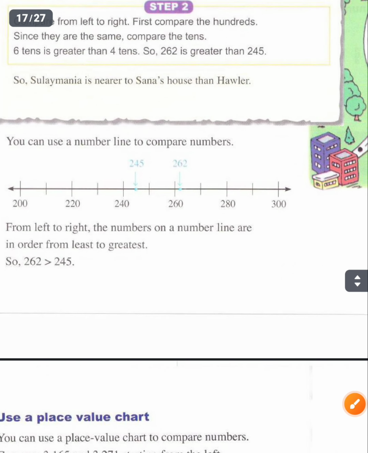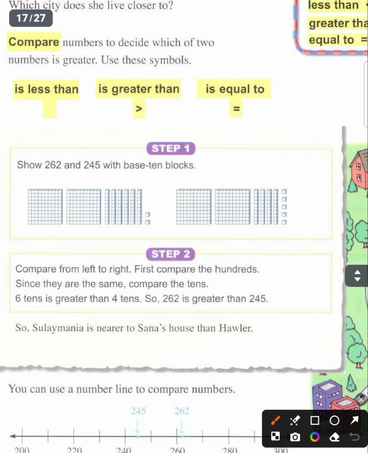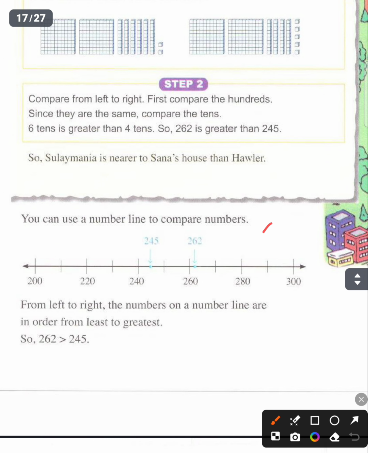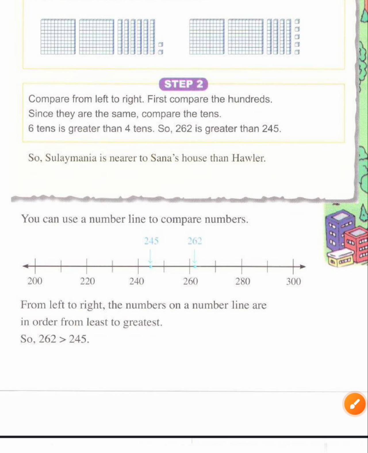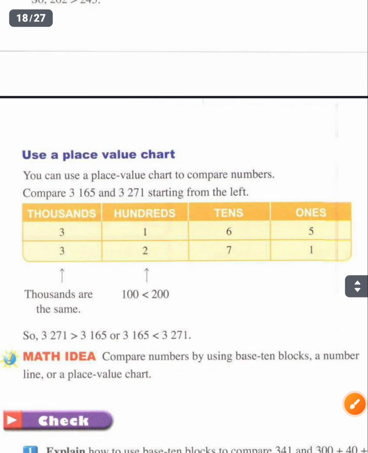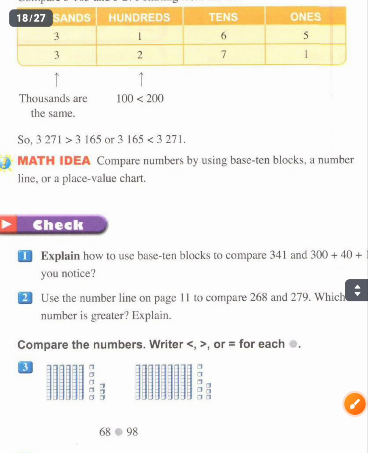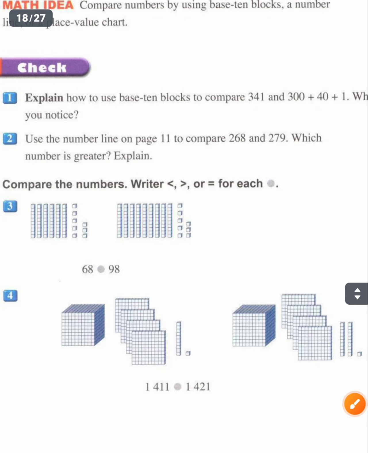Again, I will repeat, this was the first possibility how to compare numbers. The second possibility how to compare numbers was here with the number line. And the third possibility was to compare numbers with a place value chart. It's up to you which one you would like to use.